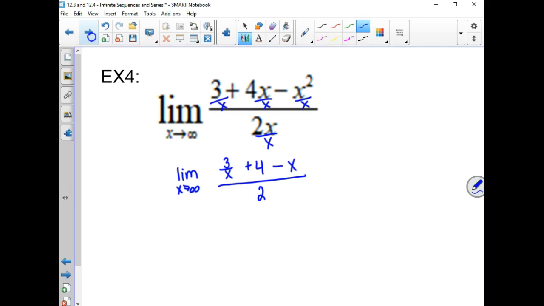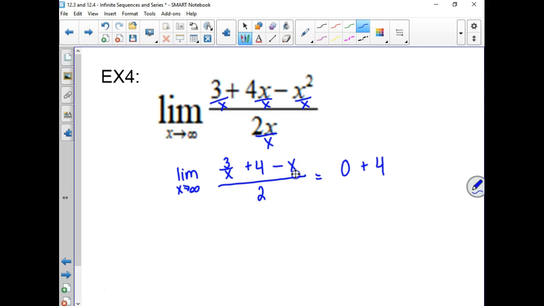Now this one's a little different than the ones we've done so far, because we've got that x, right? So what's the limit as x approaches infinity of 3 over x? It is 0. What's the limit as x approaches infinity of 4? What's the limit as x approaches infinity of x?